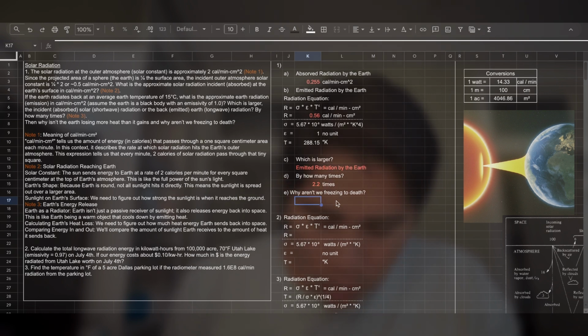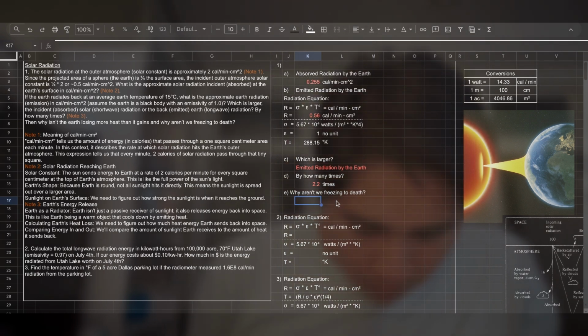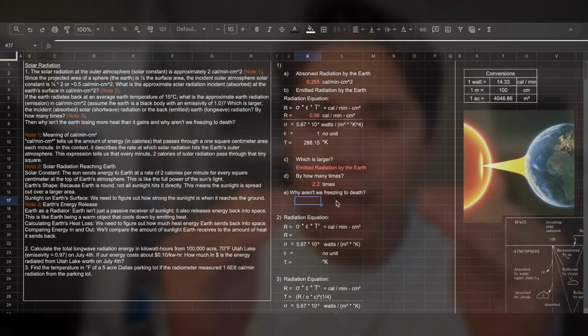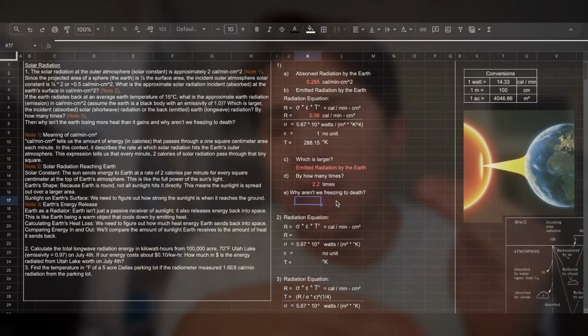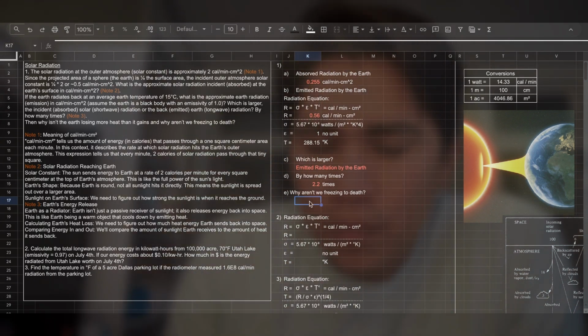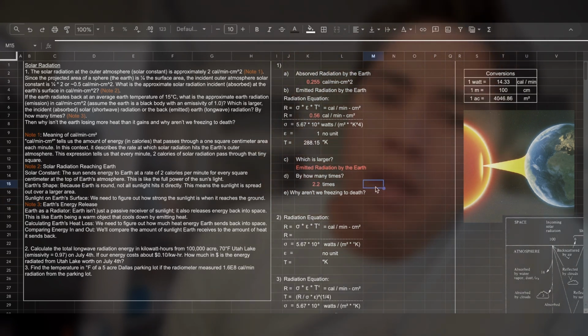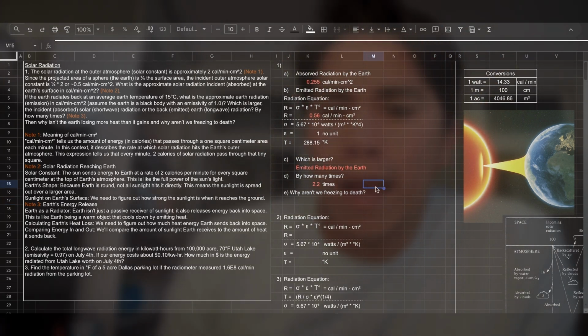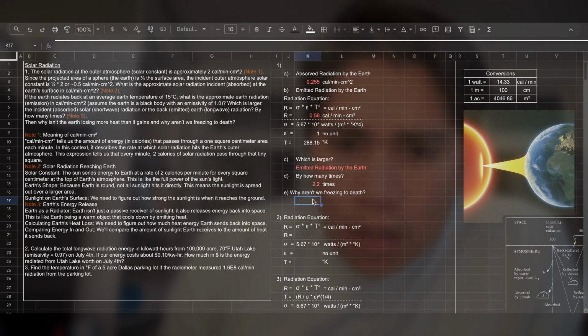So it is thanks to the water vapor and carbon dioxide. All these gases trap the heat that the Earth is emitting back. So in some way, even though we keep trying to get rid of the greenhouse effect, it's actually keeping us all alive. So that would be the answer for part E.